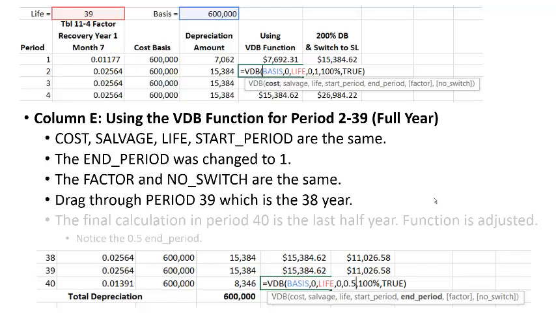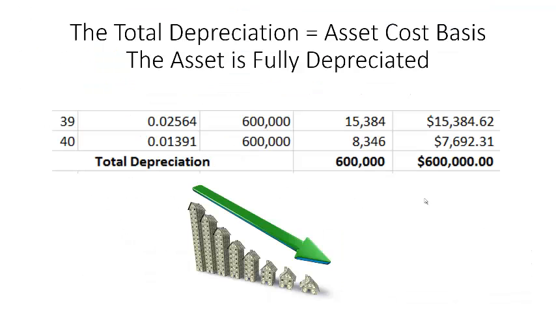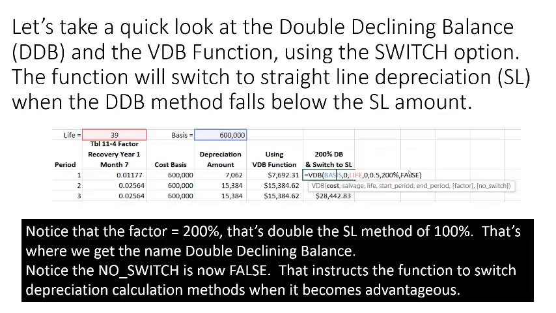All right. So, here's the last row in our depreciation table, and you can see the total depreciation. The asset cost basis equals the total amount of depreciation, so your asset is fully depreciated. Should work out that way.